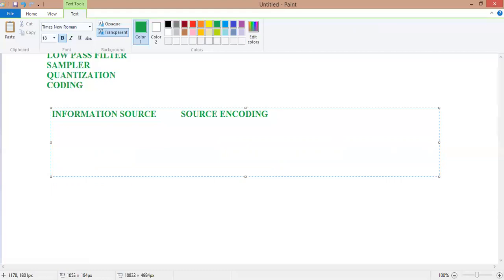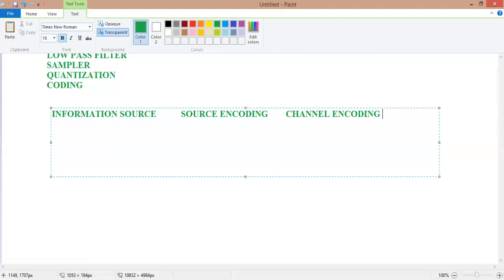And next to source encoding, at this level we have data compression. The next level we will get is data expansion. That means something used in terms of channel coding. When I use channel encoding, I want to add some bits. Why?